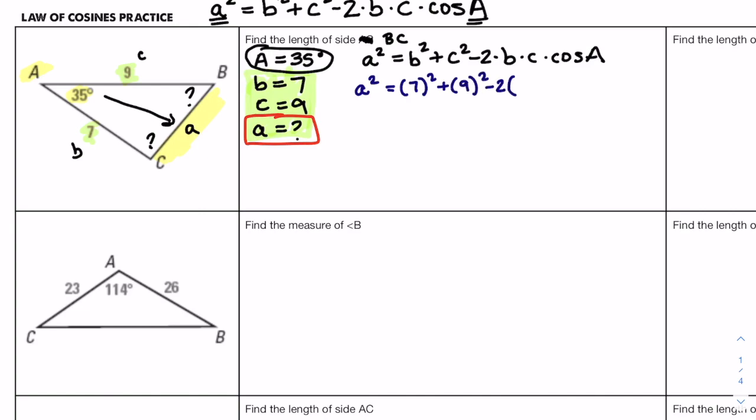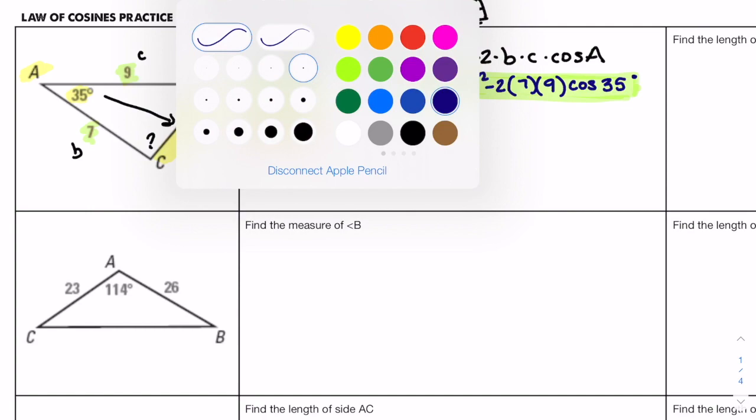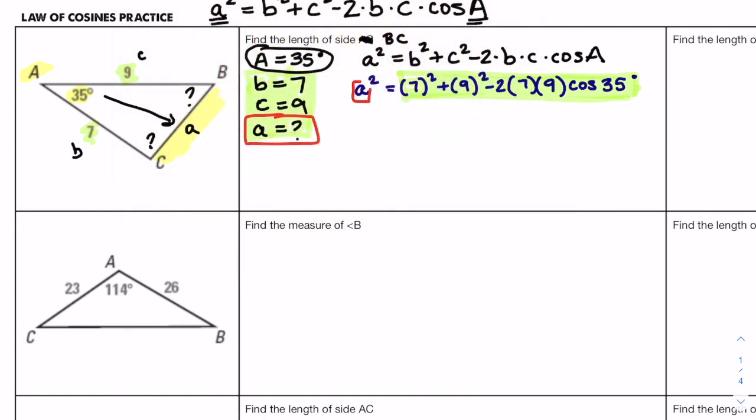Minus 2 times 7 times 9 cosine of 35. And this one is very straightforward because as you can see on the right-hand side, everything is known, which is great because that means I don't have to get anything by itself. The variable that I'm interested in is already isolated, but with a square. So we'll deal with that in a second.